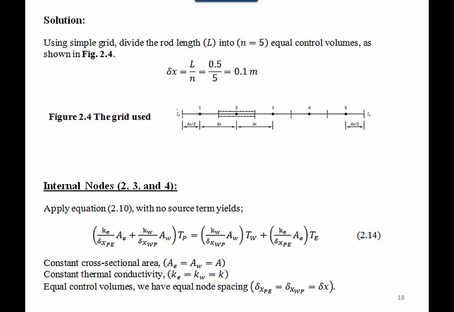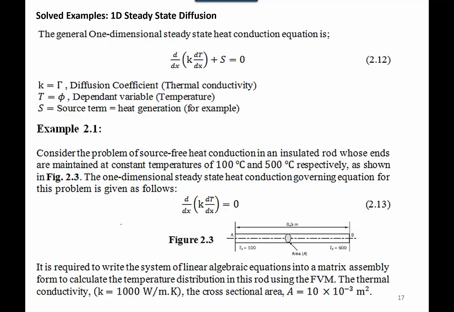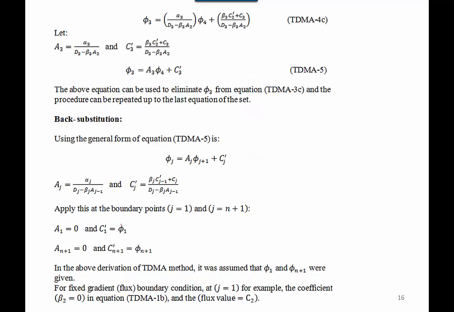We will integrate the general differential equation, and we continue the same procedure until we reach equation 2.14, which has K east.